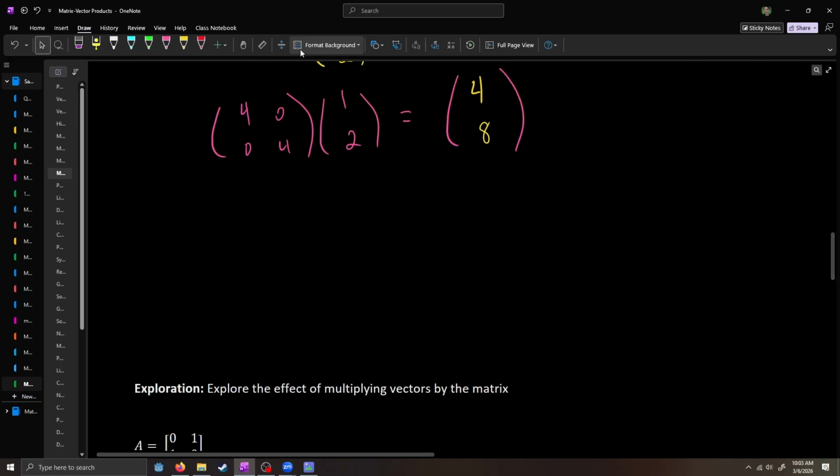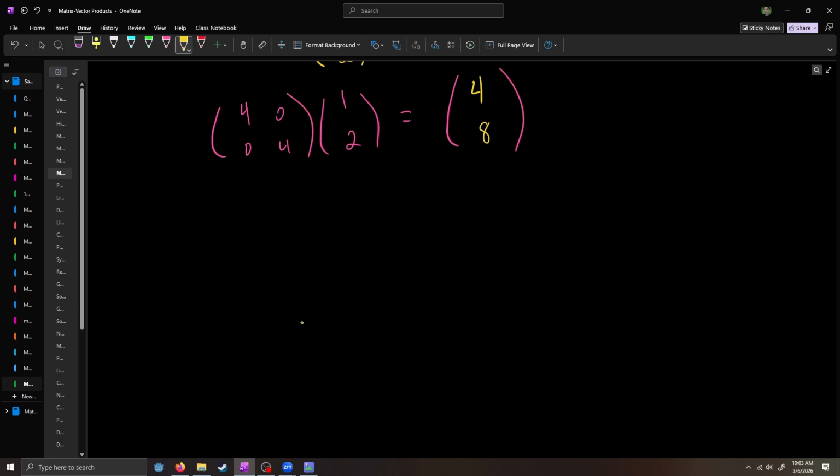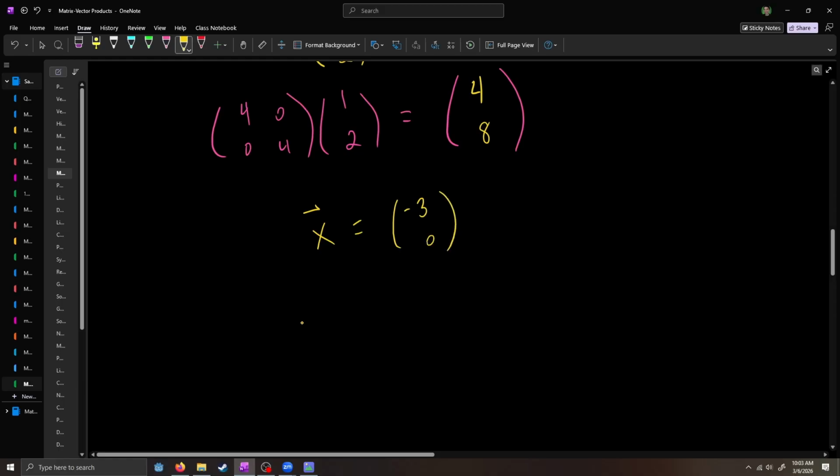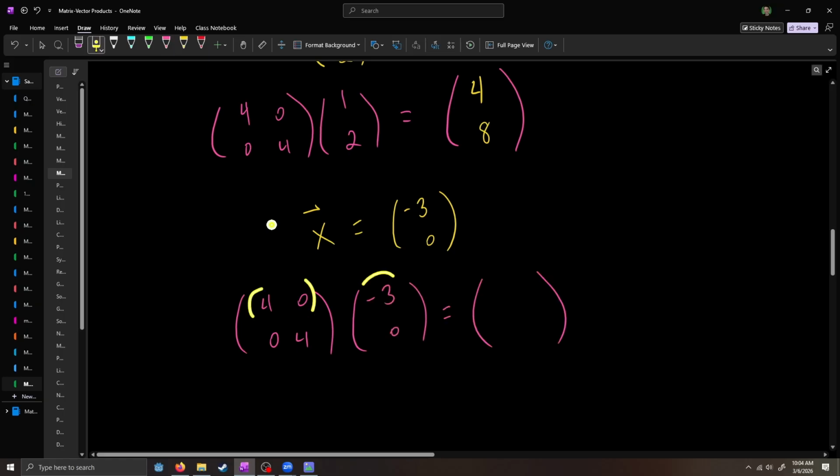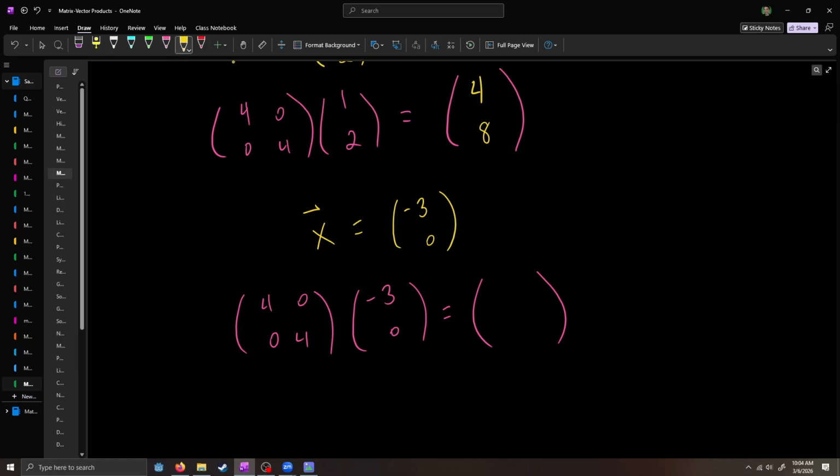Let's do another experiment with a different vector. Let's, for example, define a vector x equals -3, 0. And let's go ahead and apply that matrix A, 4, 0, 0, 4, to that vector, -3, 0. So this row, dot product with the vector, gives us a result of -12, and this row, dot product with this vector, gives us a result of 0.